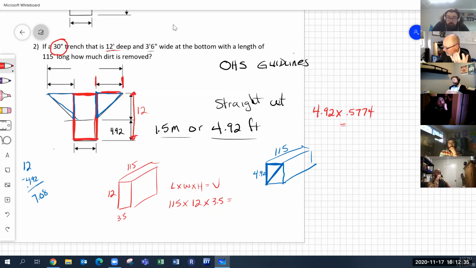So 4.92 times 0.5774 is 2.84. So this other measurement is 2.84. Now I have a rectangular box, length times width times height: 115 times 4.92 times 2.84.